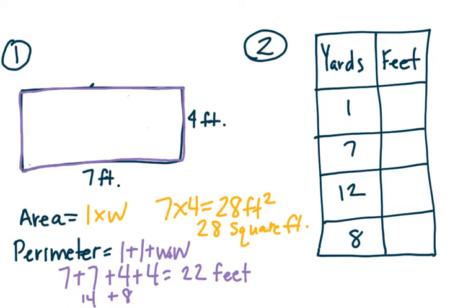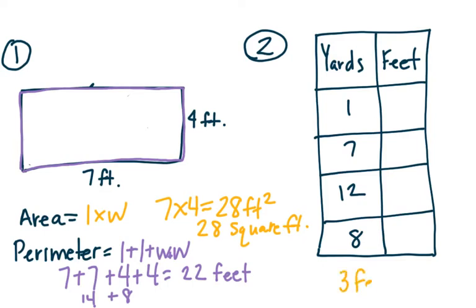22 feet. Next, I would like you to construct a table that on the top left-hand side, you write the word yards, and on the right-hand side, you write feet. Go ahead and fill in 1 yard, draw a line, 7 yards, draw a line, 12 yards, draw a line, and then write in 8.